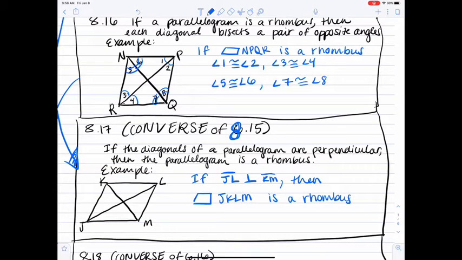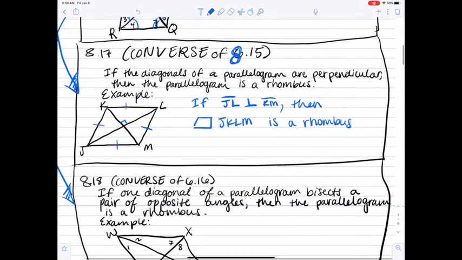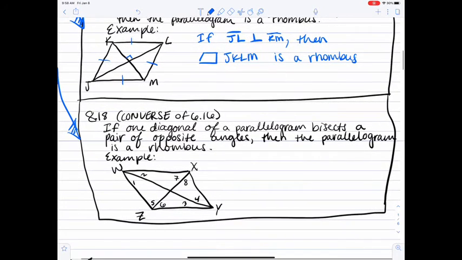So if you first know that the diagonals are perpendicular to each other, then you can say, okay, well, the whole thing is a rhombus. Okay, and then conversely to 8.16, you can say if one diagonal of the parallelogram bisects a pair of opposite angles, then the parallelogram is a rhombus. So we're going to our example here.